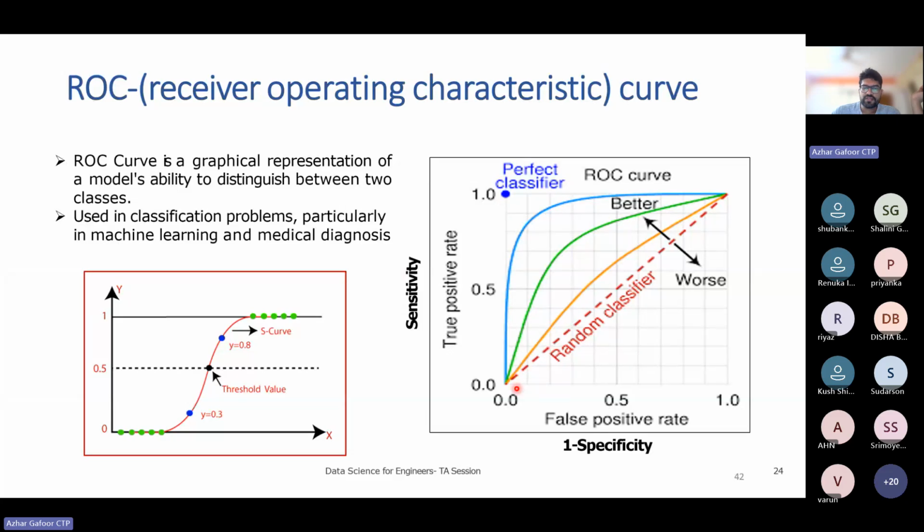In a perfect classifier, the true positive rate has to be 1, but it is hard to achieve that. So the further this line goes, the better the model is.